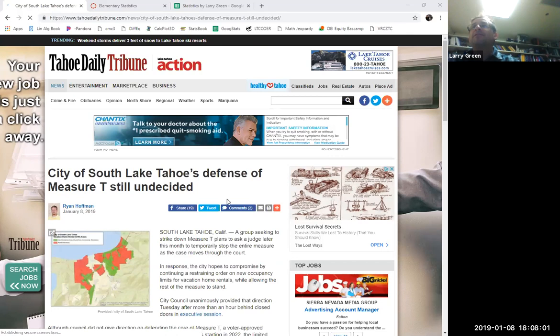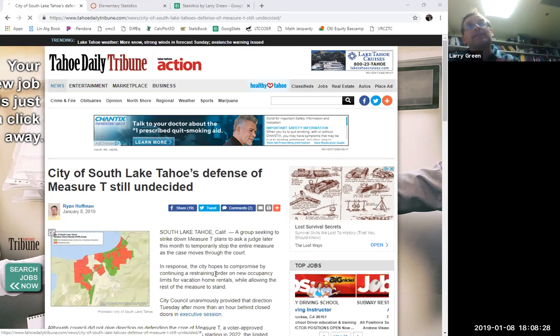So let me just fill you in a tiny bit. Tahoe became a big town to do Airbnb, which means that if you have a house, you can rent it out, say, for a weekend to tourists in a neighborhood, and there was a big debate whether that should be allowed or not. We had a ballot measure come up, asking should we ban it or should we not ban it, basically.